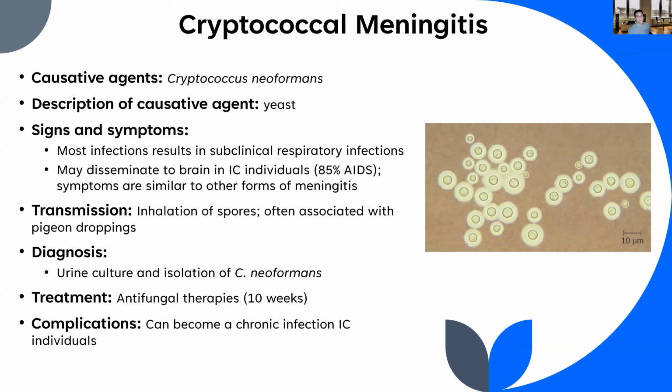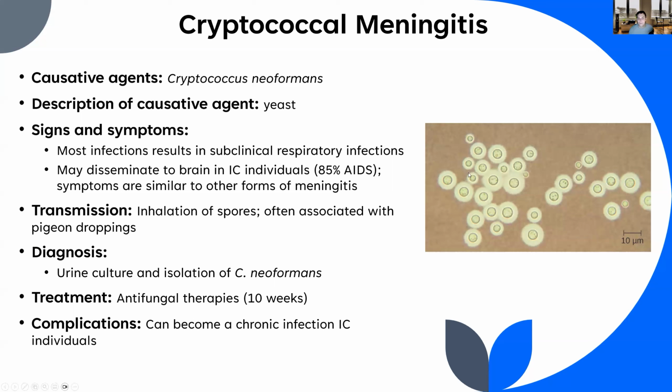These are often associated with pigeon droppings, but I would be cautious around any group of birds because they can harbor that, and the spores can grow in the feces, and then you can inhale them. Diagnosis: you can usually detect this in the urine of a patient that has it, and this is what it's going to look like when you do that.